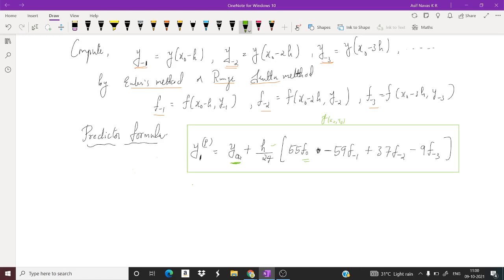F minus 1 we already found the formula for. So first we find y1 of p, and after that we find f1.